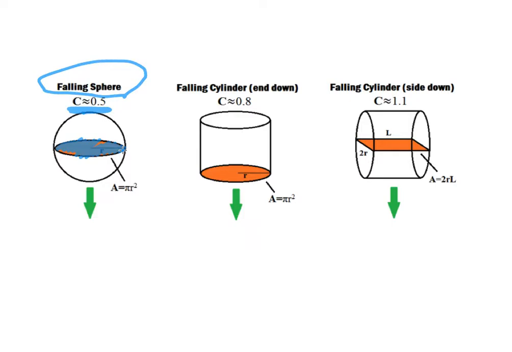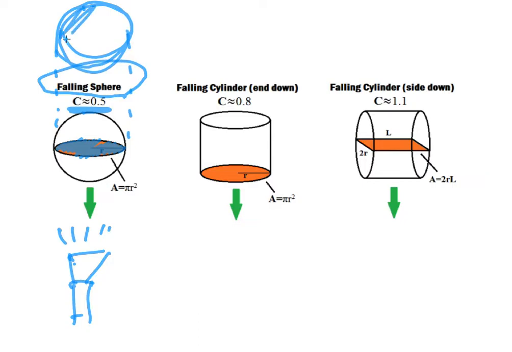I think you know the projection area means that if we have a torchlight here, the sphere will give us a circular shadow. This circular shadow is called the projection area. And then if we have a falling cylinder like this, the drag coefficient is 0.8 for this situation, and this is the area.